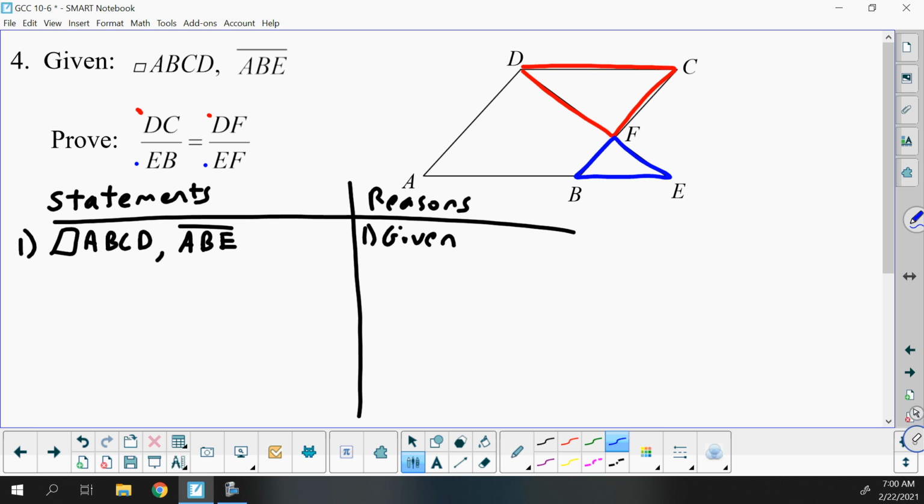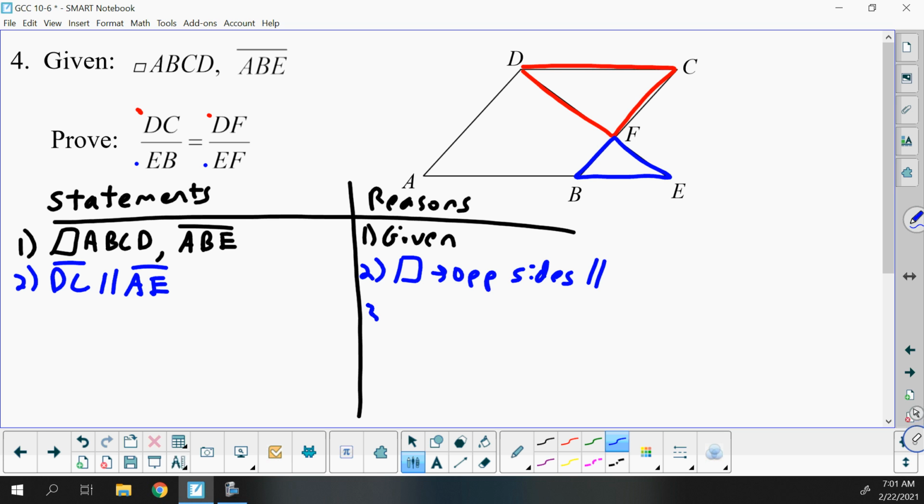Notice they told us parallelogram. Well, we have that a parallelogram implies opposite sides parallel. We have 2 sets of opposite sides parallel, but the ones we'll want for our zigzag, we'll want DC parallel to, and you can name it because they told us it's just an extension, we'll actually call it AE, because B to E is just extending the side in the parallelogram.